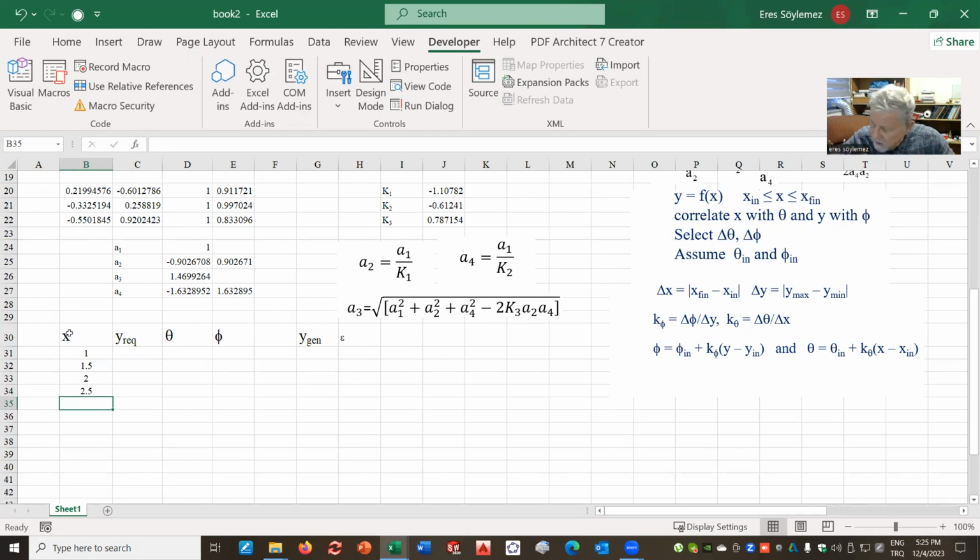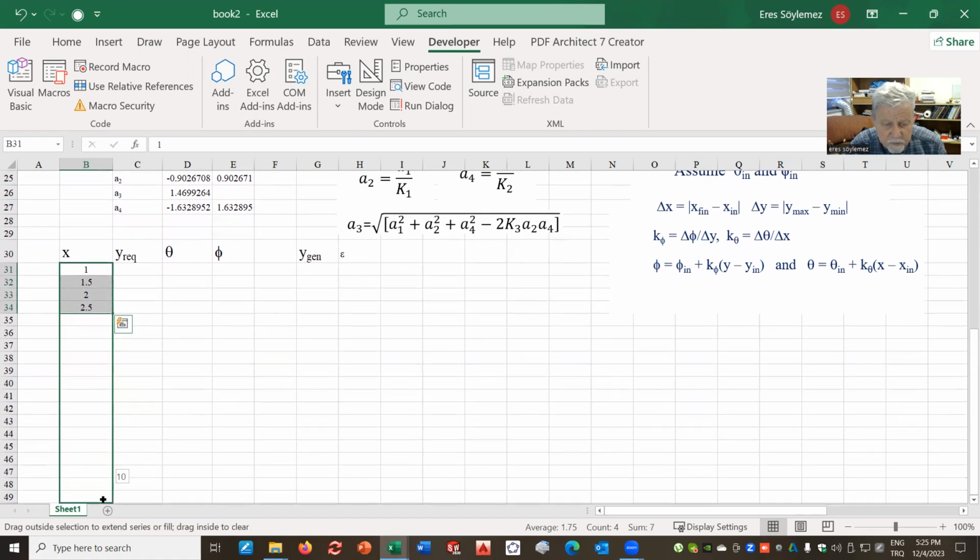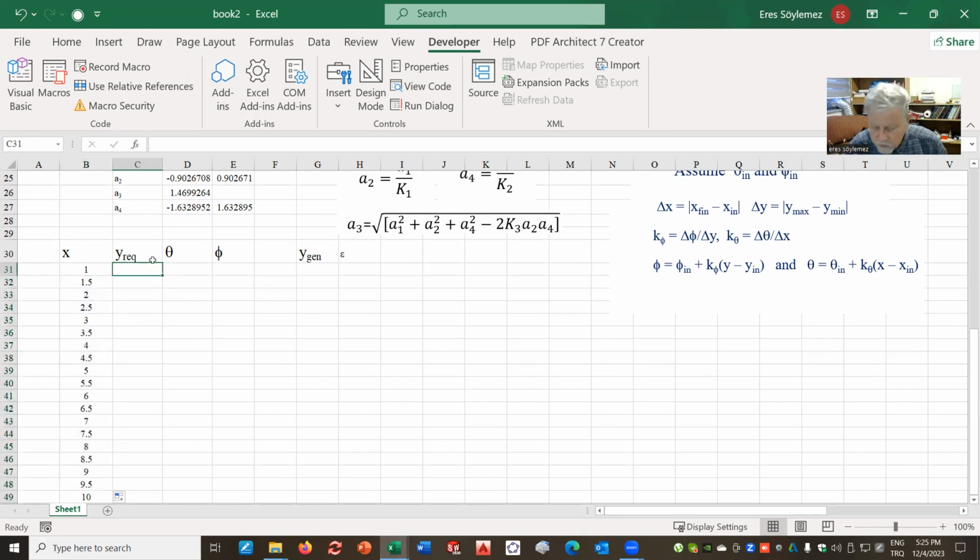Otherwise, the length of the array that I'm going to form will be quite large, but it is the same effort, I will say. As you can see, I can pull this down to 10. Now I have 21 values for X that I have to determine.